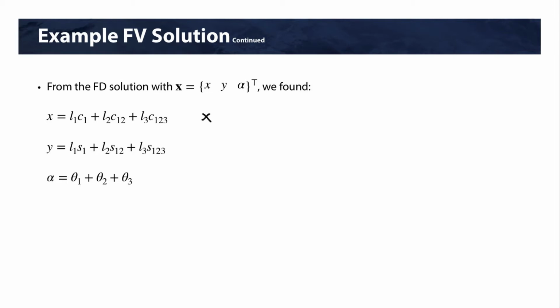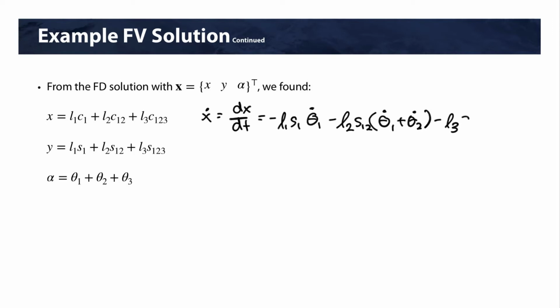We know that x dot is simply going to be dx dt. If we take the time derivative of this equation here, you're going to get minus L1 S1 theta 1 dot, minus L2 S12 times theta 1 dot plus theta 2 dot, and then minus L3 S123 times theta 1 dot plus theta 2 dot plus theta 3 dot.